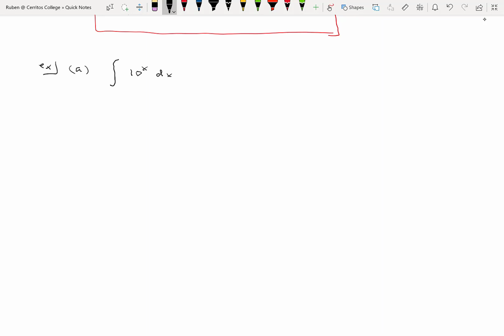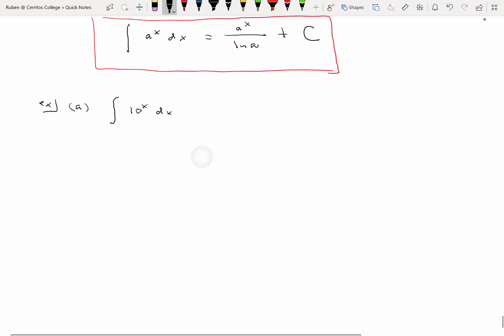Remember, 10 to the x is the inverse of log base 10 of x. This is very simple. The only thing we need to do is apply the formula that we just looked at with the base of 10. So it's 10 to the x over the natural log of 10 plus a constant.